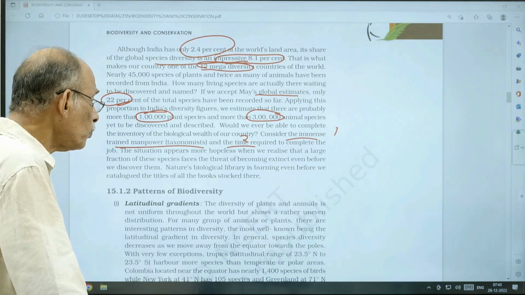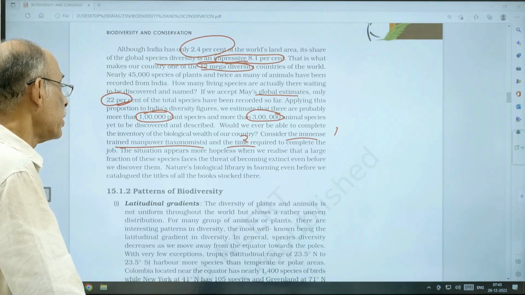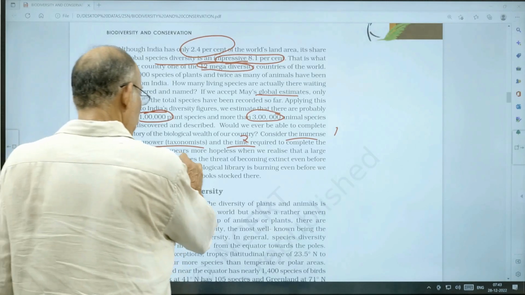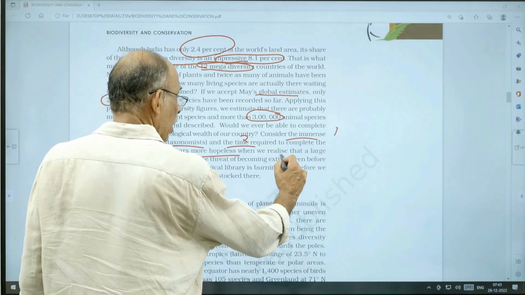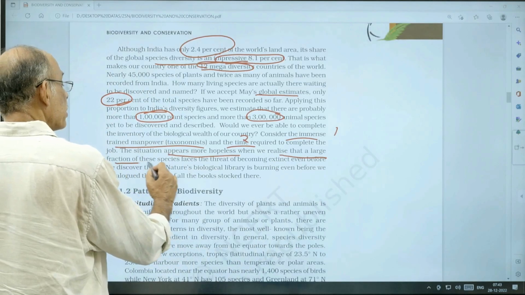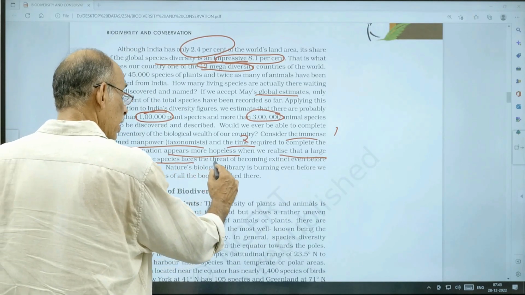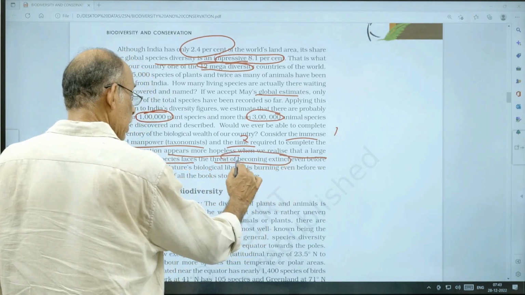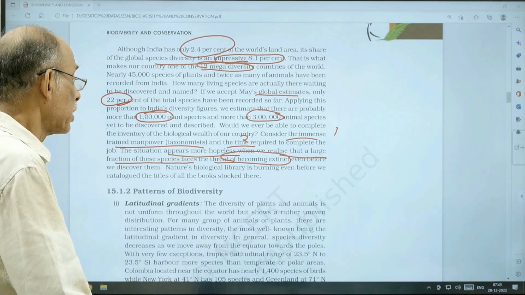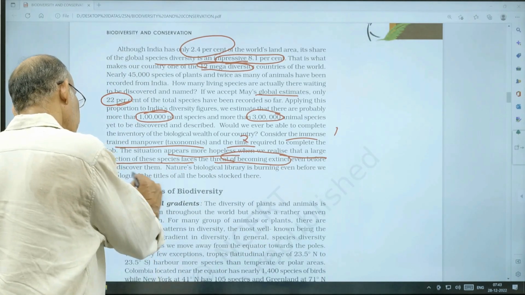And third, the situation appears more hopeless when we realize that a large number of these species face the threat of becoming extinct even before we discover them.